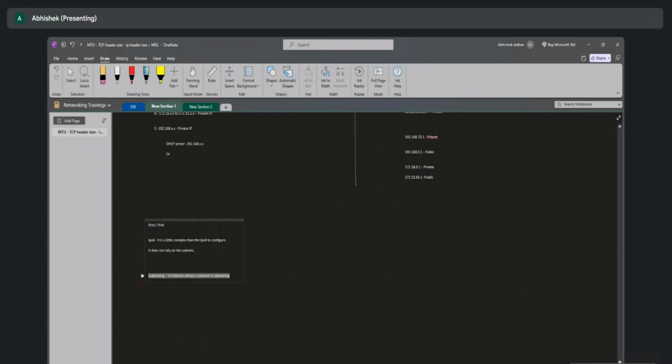That's the simple definition of subnetting. When you divide a network into usable host IPs, that is subnetting. It completely decides how you understand the topic.